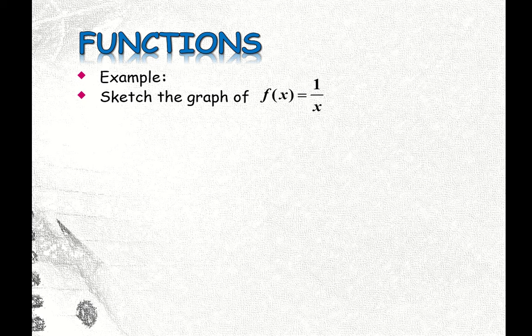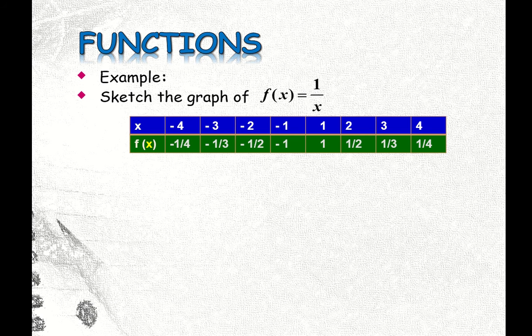Assume values for x and solve for f of x. So you have x, you have f of x. These are the values you assume for x. Of course, we exclude the number that can make the divisor equal to 0.